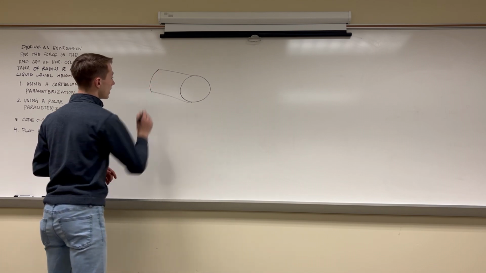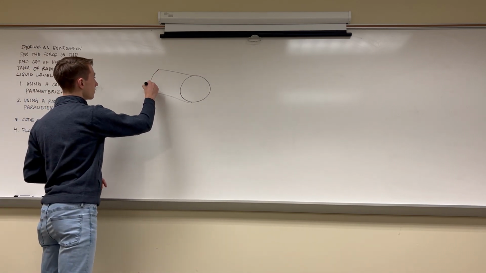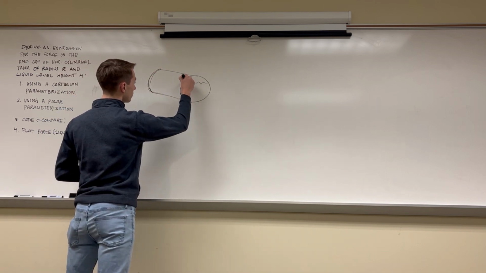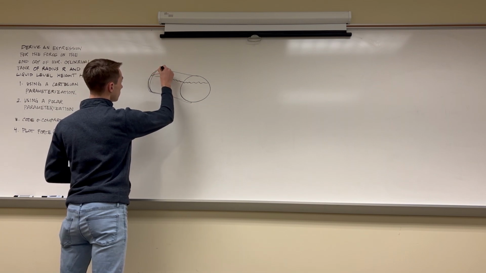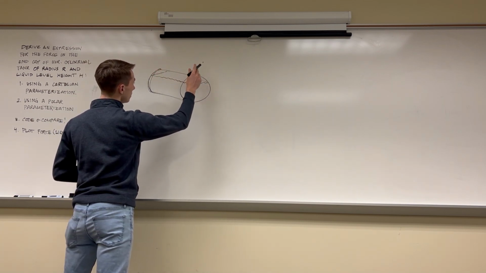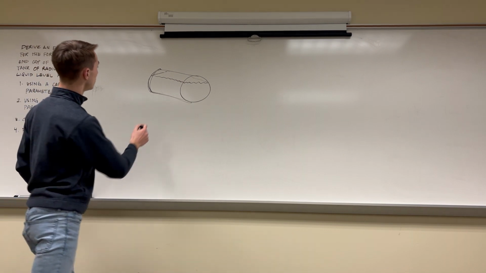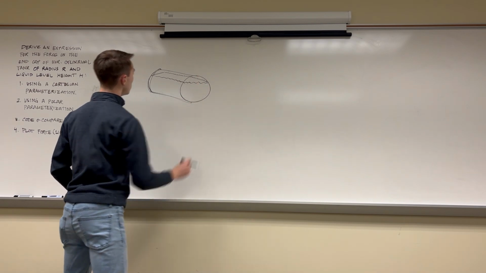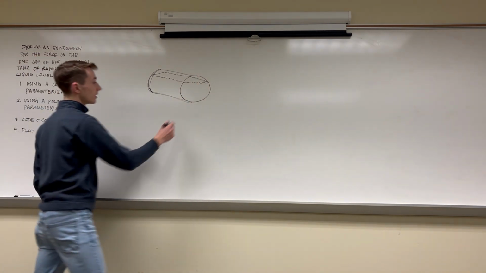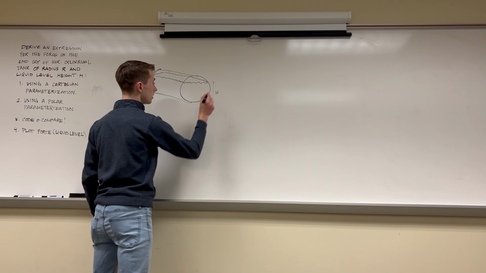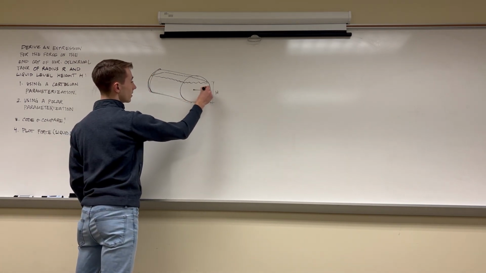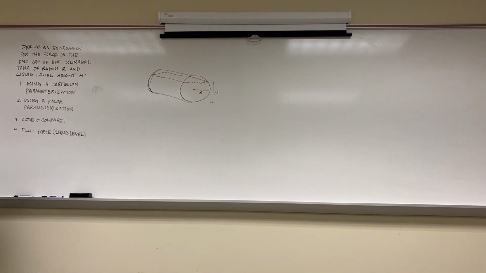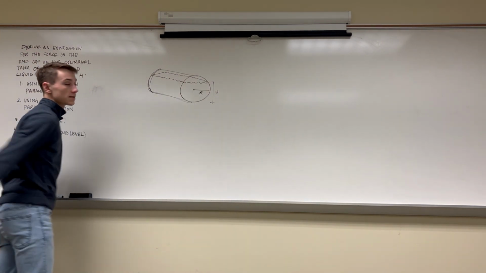We've got a barrel tank laying on its side, and it's filled with water at some liquid level height h, and the barrel has a radius r. And we want to derive an expression for the force on the end cap, which is that circular end cap right there.